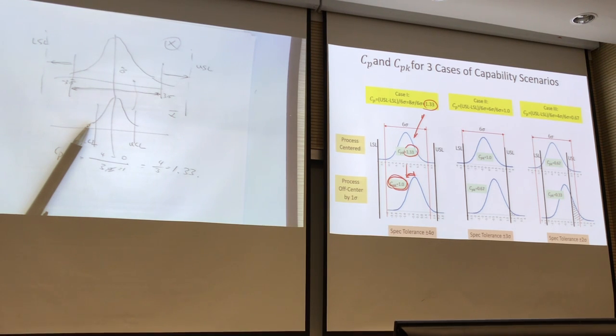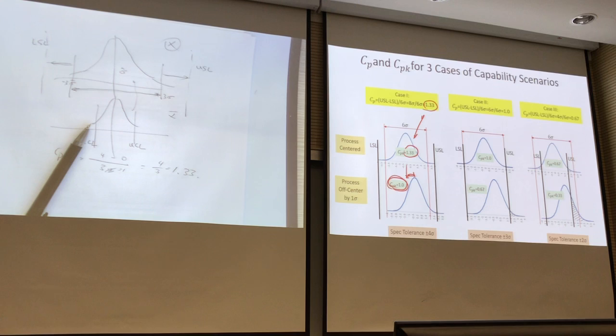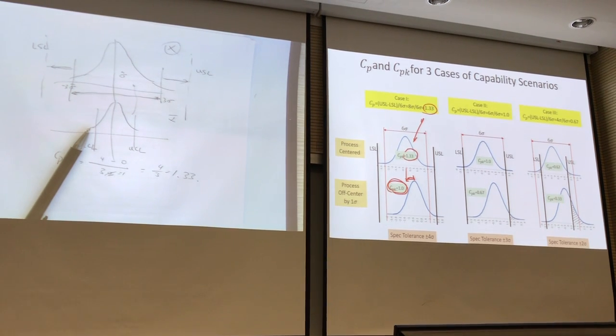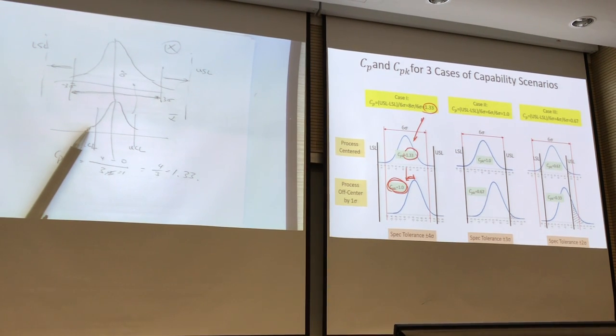CP doesn't change with the process move. CPK changes because it's defined by CPU already. The CPL is bigger than CPU, so CPK is the minimum of CPU and CPL. We calculated CPL as about 1.67, bigger than CPU equal to 1. So the CPK is 1.